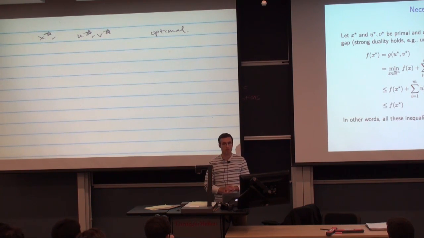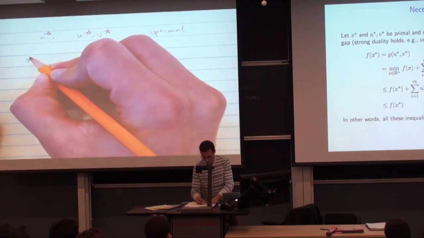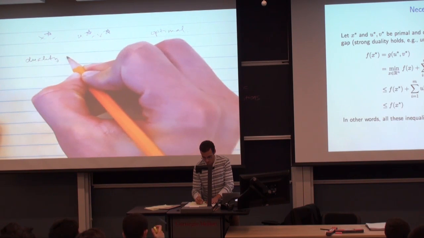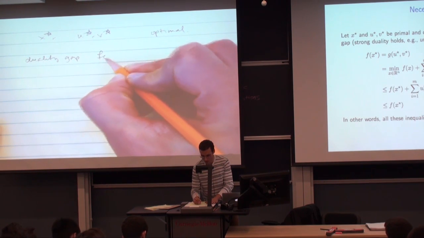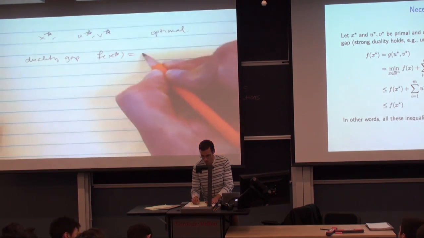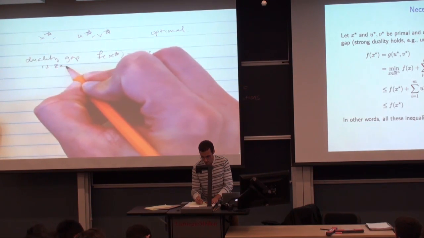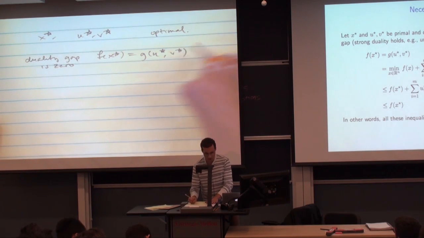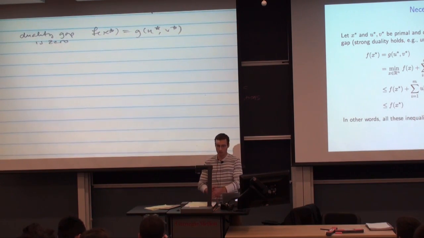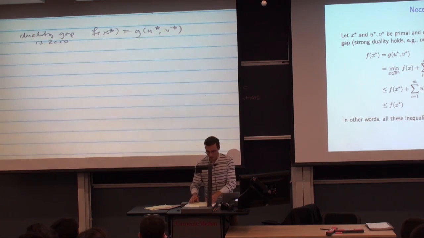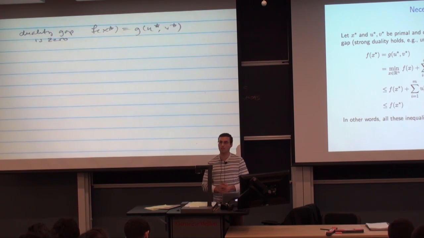Let's also suppose that the duality gap is 0. And that happens, for example, when we have strong duality. Okay? So then through a bunch of simple arguments, we're basically going to prove that those KKT conditions are necessary for optimality.